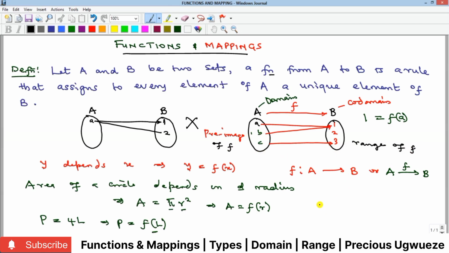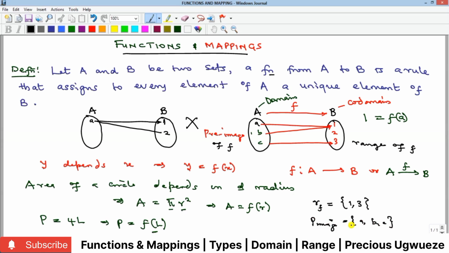The range you can write as R_f or anything. So the range of this function f is the set {1, 3}, while the pre-image is the set {A, B, C}.